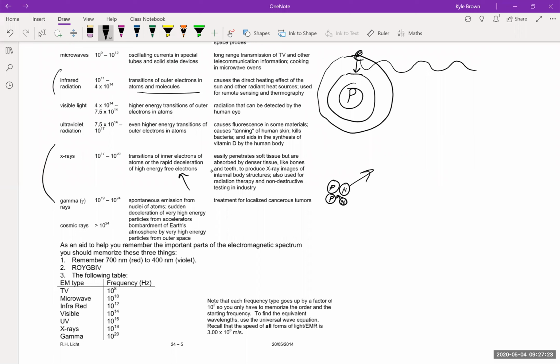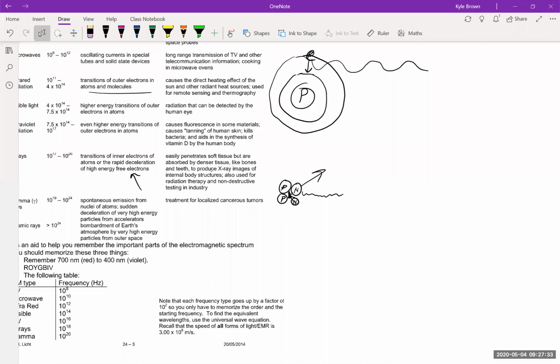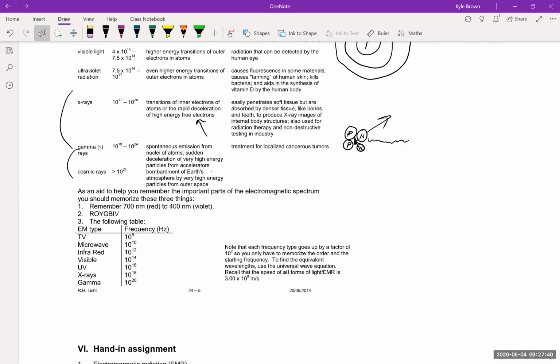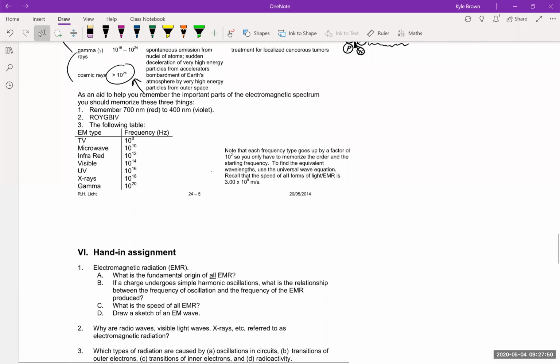I guess it wouldn't be the neutron, it'd be the proton reassembling that would cause it. But that's what causes that tiny wave, like a gamma wave or cosmic rays or anything else. And these things are tiny wavelengths, but really high frequency. That's what these numbers are. Really high frequency.